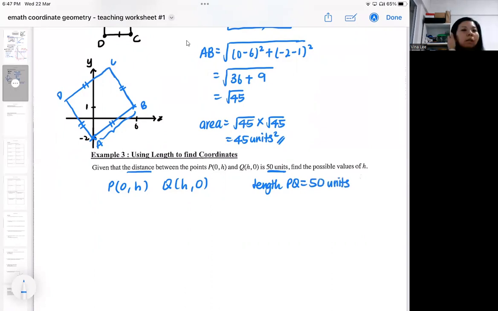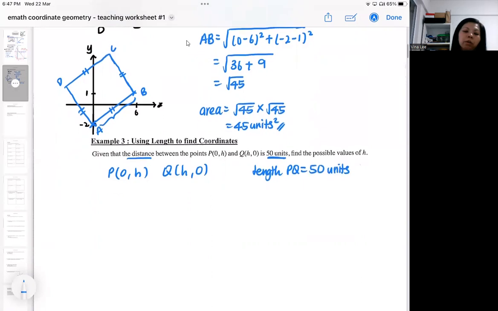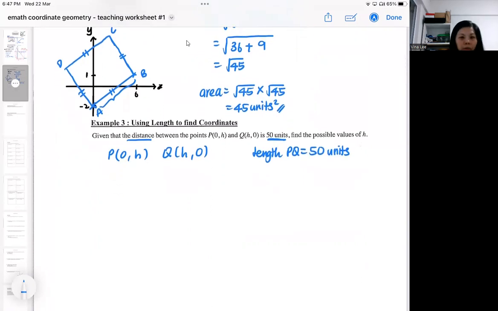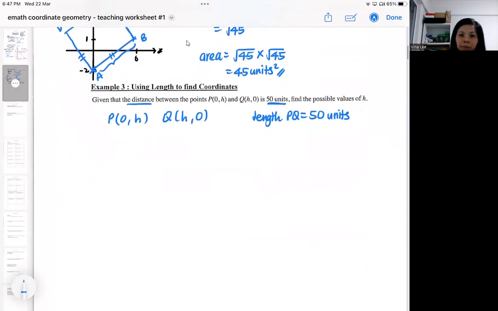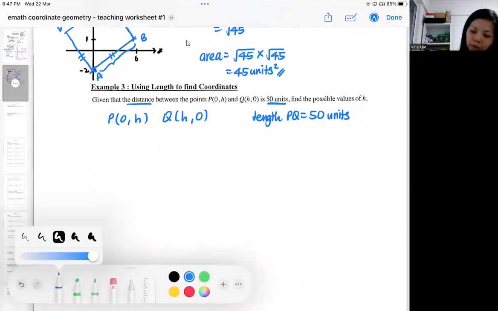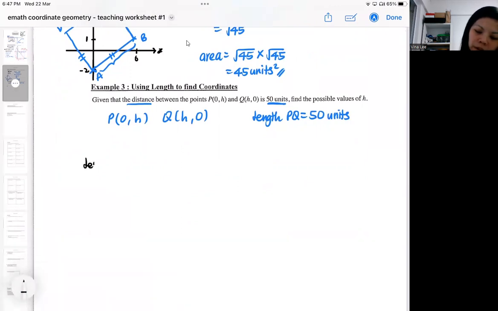In such a question, it's not possible to draw it up because you don't even have the coordinates. So you've got no choice, you just have to apply the formula. Go back to what the formula tells you: subtract the x coordinates and square it.